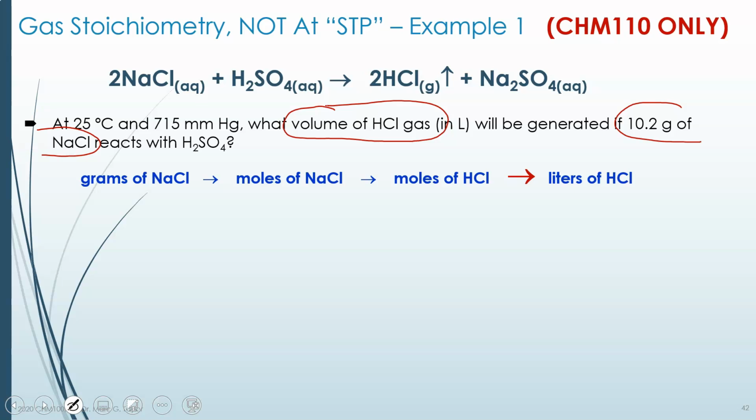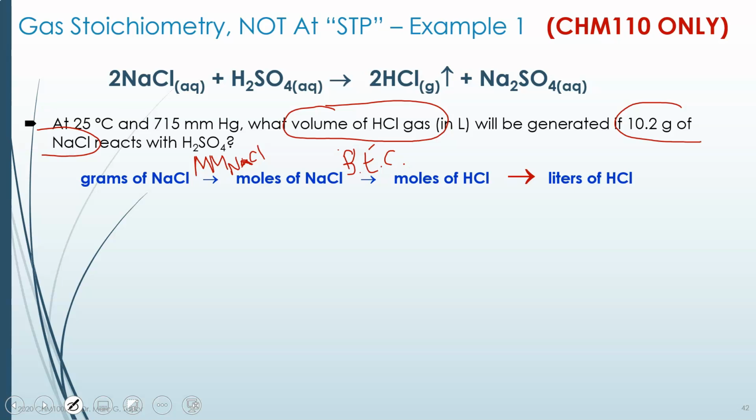So we already know how to go from grams of NaCl to moles of NaCl. We use the molar mass of NaCl to do that, and you'll have to determine what that is. And then we can go from moles of any substance to any other substance using the balanced equation coefficients.